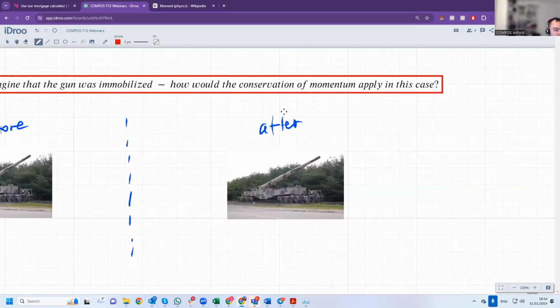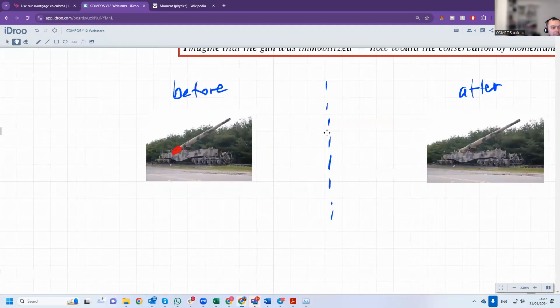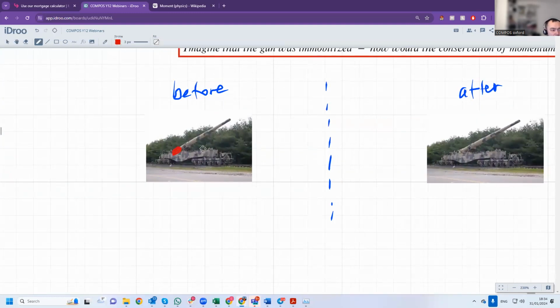It's been shot. Before, both the gun and the projectile are moving with velocity v.